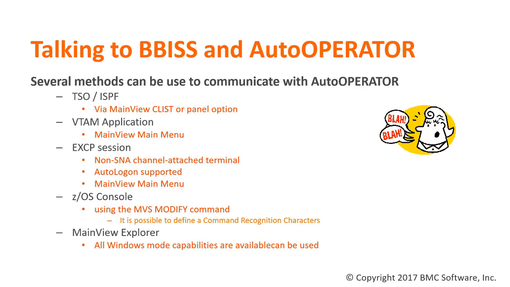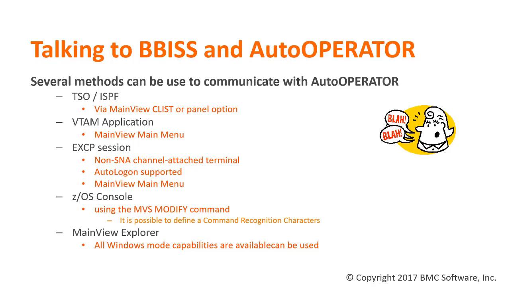MainView AutoOPERATOR provides several different ways to interface with the AutoOPERATOR product address space, which is also known as the BBI-SS address space or PAS. Users can connect to AutoOPERATOR via a TSO ISPF session by invoking or launching the MainView CLIST, which is distributed with the product.